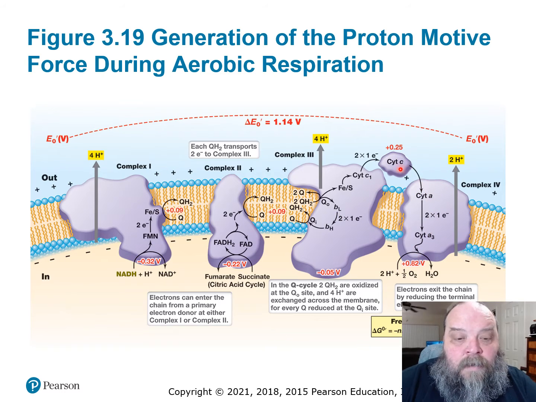Finally, goes cytochrome C, cytochrome A, cytochrome A2 or 3, until finally it's now at a low energy state. Can pass on to our final electron acceptor, oxygen.